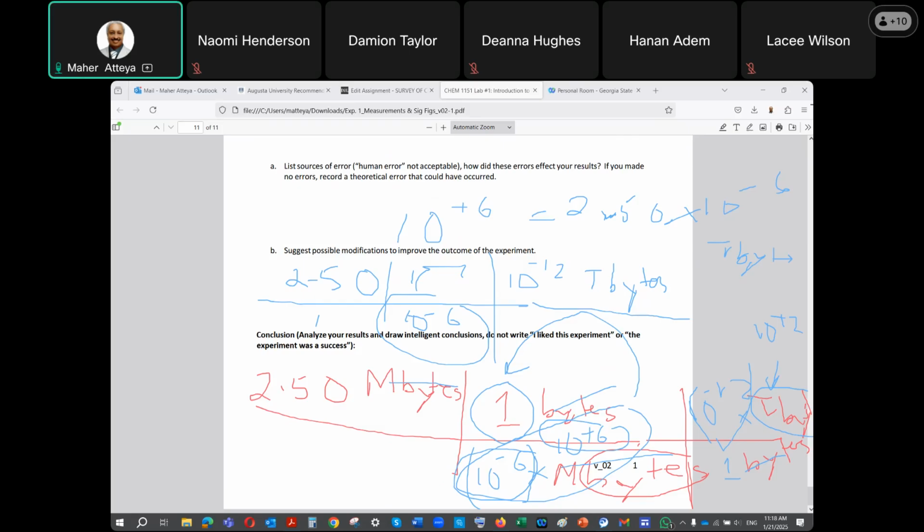Let's look at it again and then let's understand how I did it. So when I put 2.5 megabytes, then the second step here: as mega is 10 plus 6, I put 10 minus 6 in front of it.